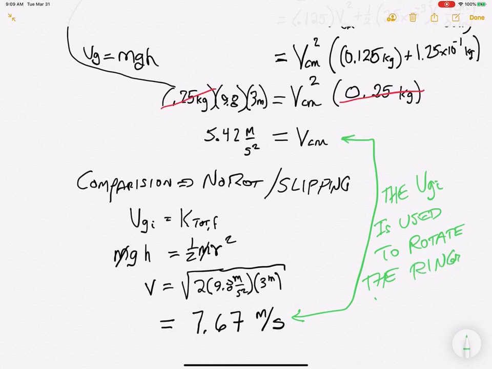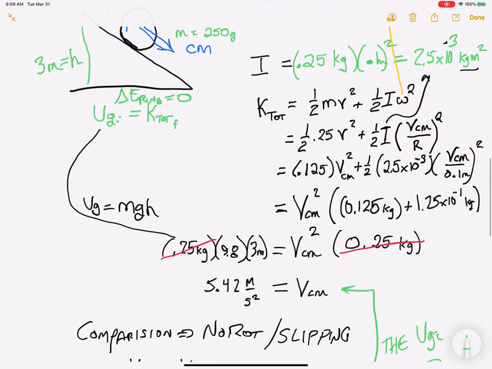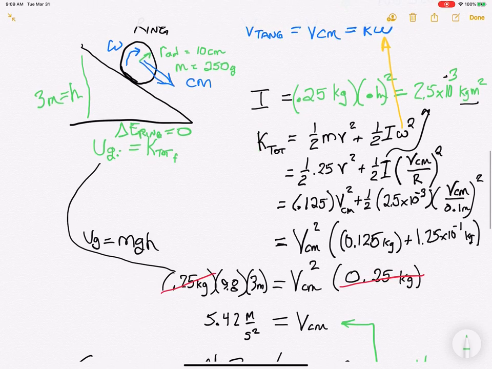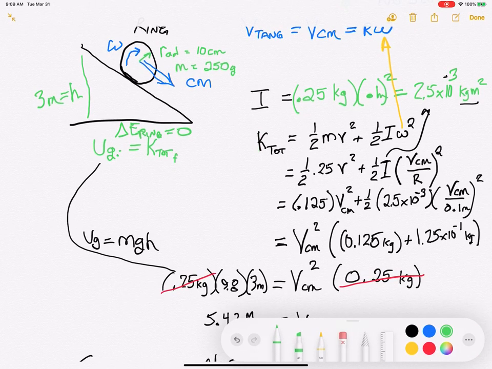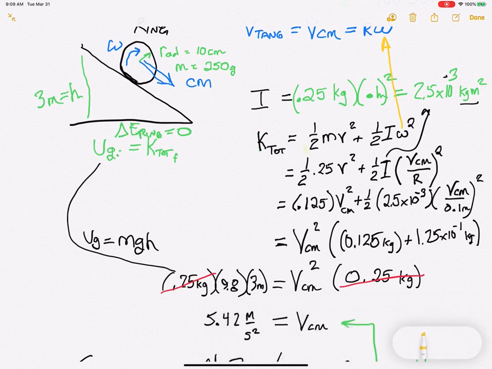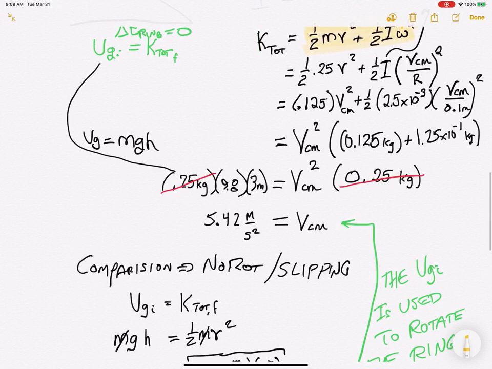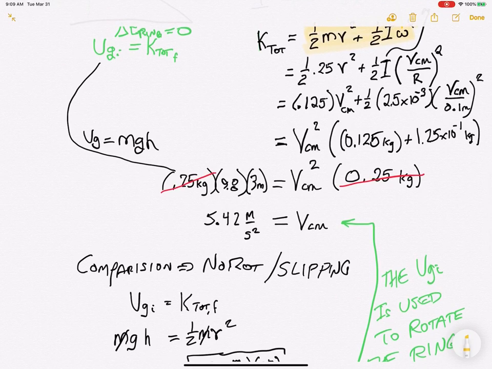So essentially the gravitational potential energy has to be split when we're in this situation. It needs to be split here. Our K total has 2 terms, and the gravitational potential energy has to account for both of those terms.